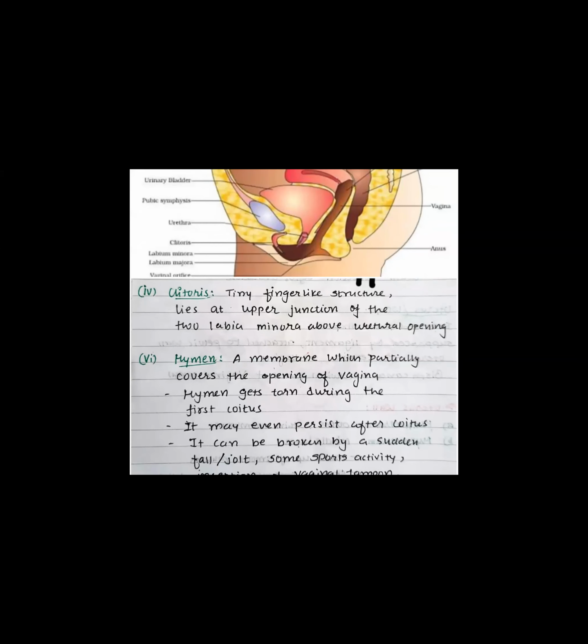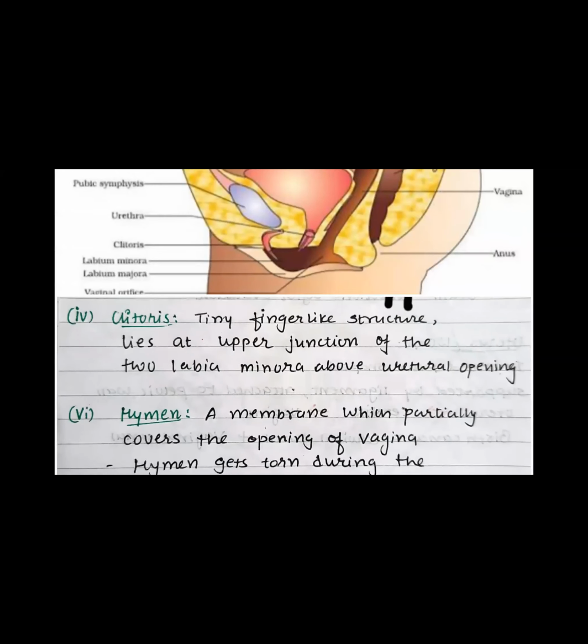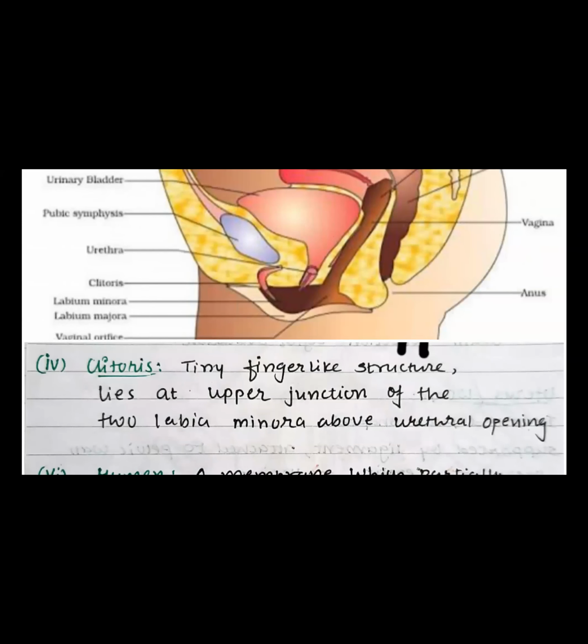Next is the clitoris. If you look carefully in this region, exactly at the upper junction of the two labia minora above the urethral aperture, imagine this is the urethral aperture, this is the vaginal opening, and these inner folds are the labia minora.